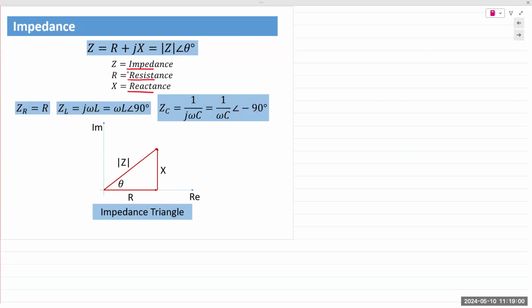No change, no difference. So resistance is resistance. However, inductors and capacitors, especially ideal ones, do not have any resistance because they do not resist the flow of current. So they don't have resistance. The resistance for an inductor and capacitor is zero.